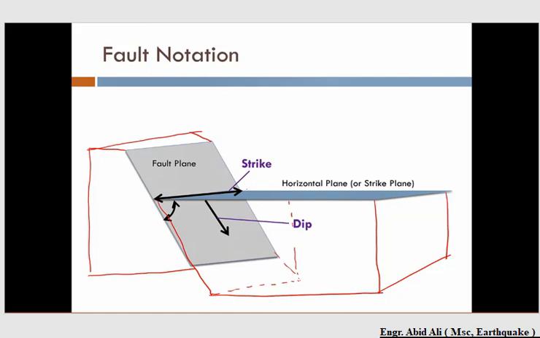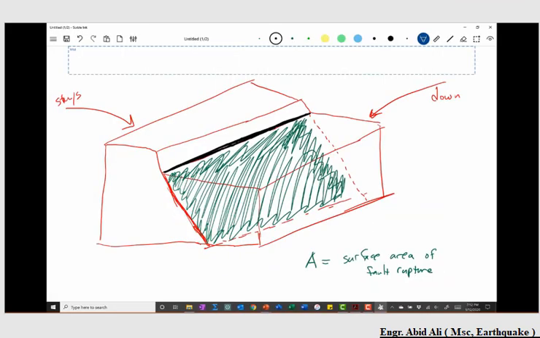Going back to my little drawing, the black line is the intersection of the block on the right going down against the block on the left, and that is the strike, and it's going to have some geographic orientation.